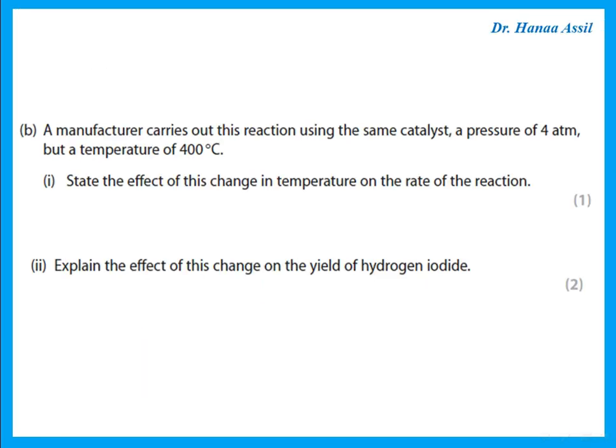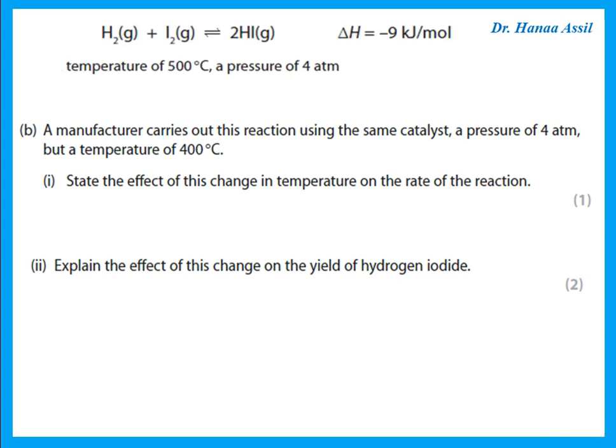A manufacturer carries out this reaction using the same catalyst, pressure 4 atm, but a temperature of 400. So what did he do first? He was doing this reaction at a temperature of 500. Now he's going to repeat it at a temperature of 400. And remember that the questions in this case are one of two things.